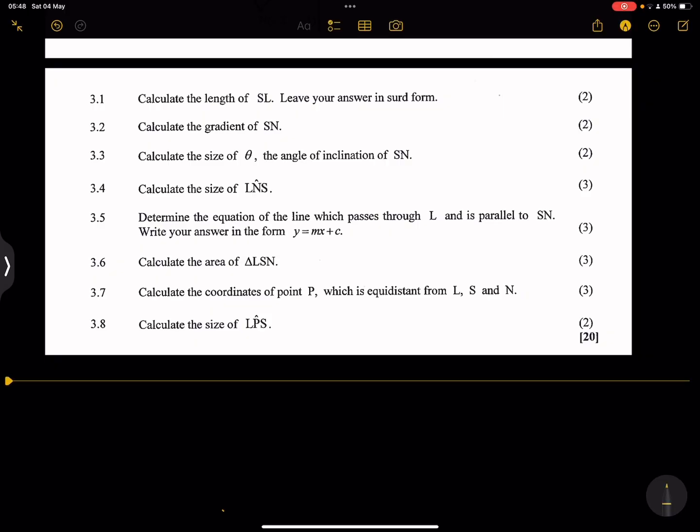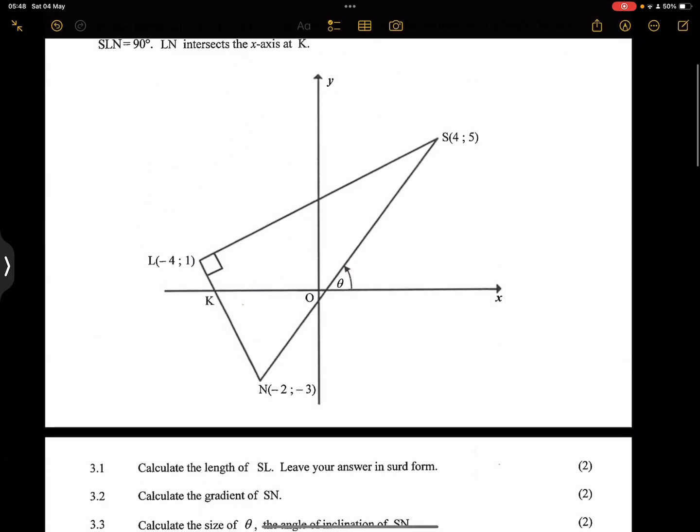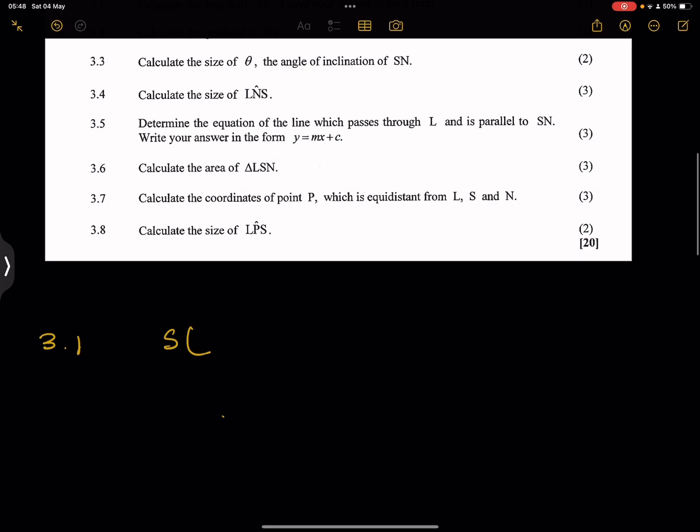Now I want you to note in this case for SL, first of all, let me just write down the coordinates. The coordinates of S, you remember, were given there, (4, 5).